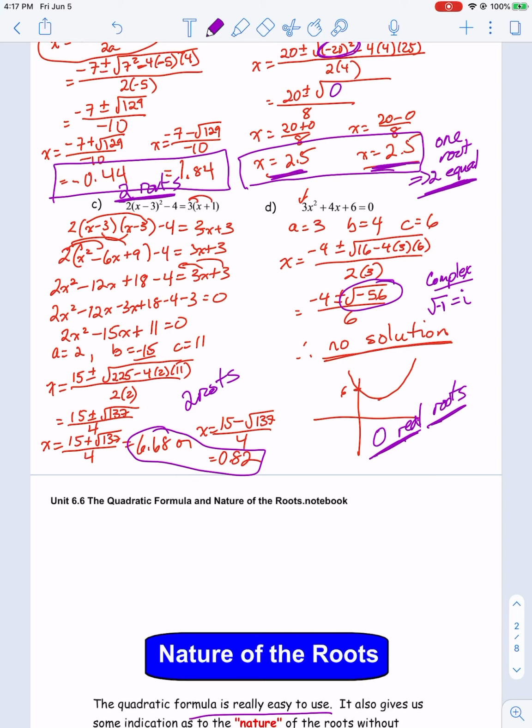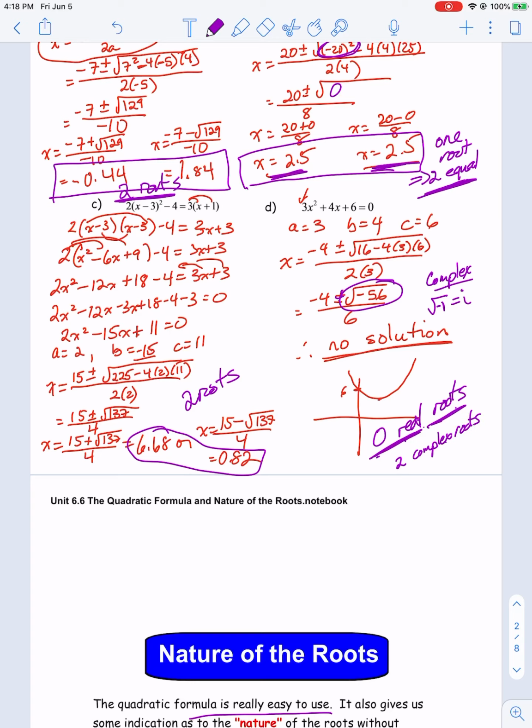And in this case, because you have to add the root of negative 56 and subtract the root of negative 56, there are still two answers, but they're not part of the real number system. They're part of that whole extra system that I talked about called the complex numbers. So there's two real roots, zero real roots, but there are actually two complex roots.